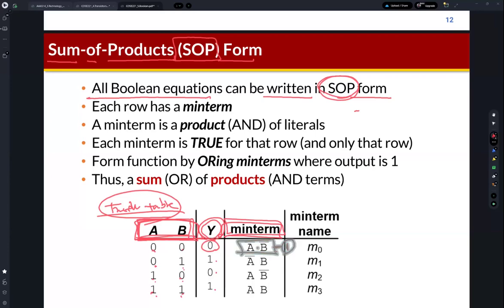So this is the min term of this row. In order to make Y equal 1, the min term should be A bar B bar. If A is 0 and B is 0, then A bar B bar becomes 1, right?